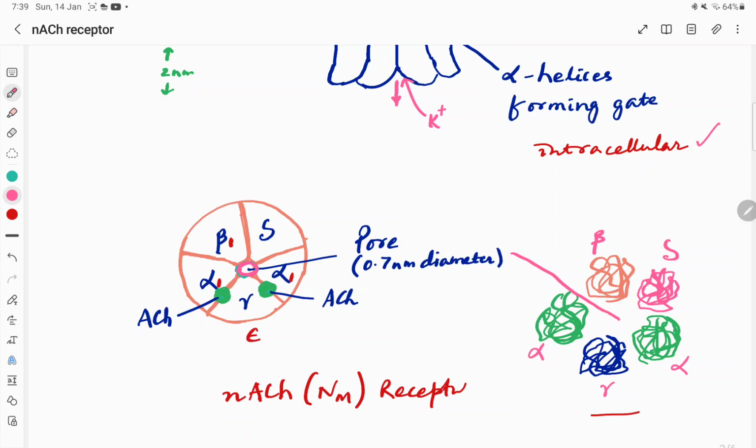So this is another structure. 5 units are there, and these 5 units can be different. And this is the pore. Through the pore, which is of 0.7 nanometer diameter, the cations move, because the pore is lined by negatively charged amino acids.